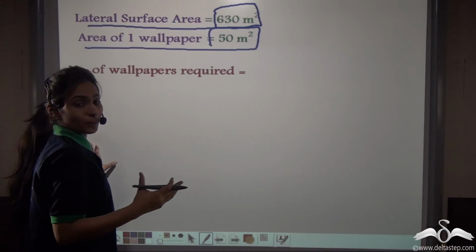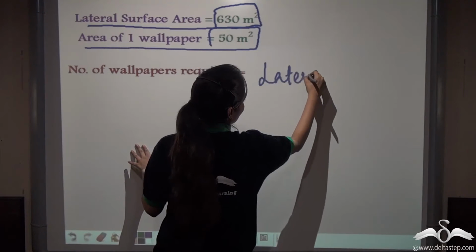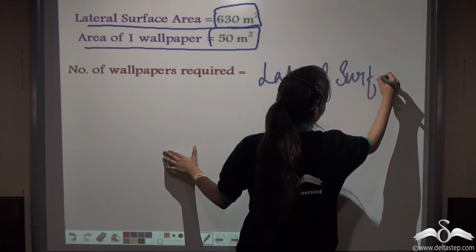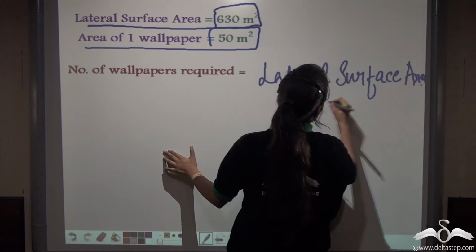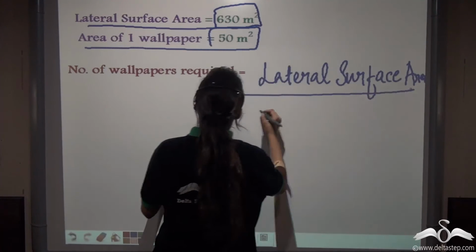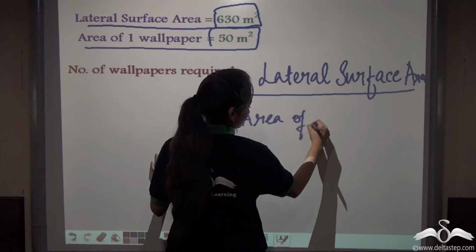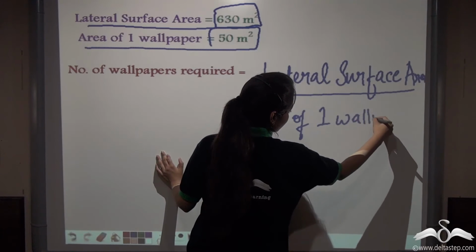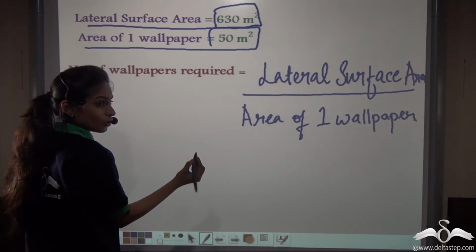Well, for the number of wallpapers required, we can divide the lateral surface area of our room by the area of one wallpaper. Now solve this.